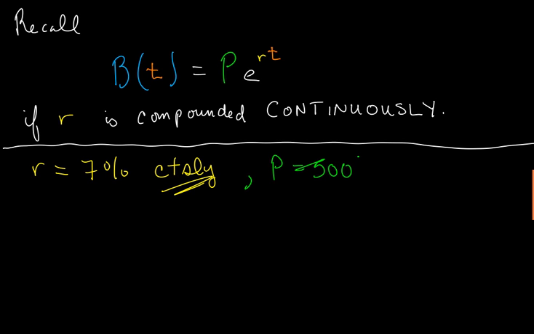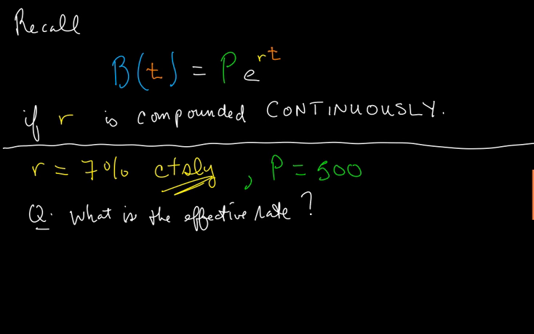Actually, it doesn't matter what you start out with because I'm only going to ask you to find the effective interest rate. So the question is, what is the effective interest rate? According to the last example, all we're going to have to do is use this formula for B.